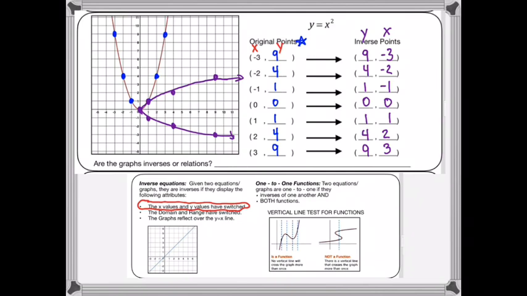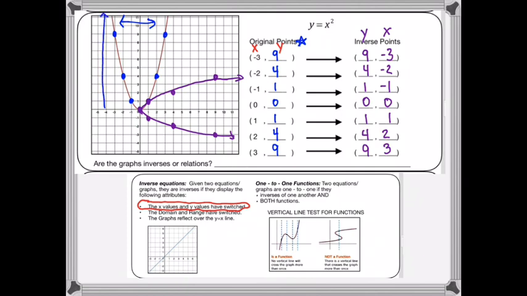Now notice what has happened to the domain and range. The original parabola is going to stretch infinitely from left to right for its domain, and it's going to start at 0 and go all the way up for the range.